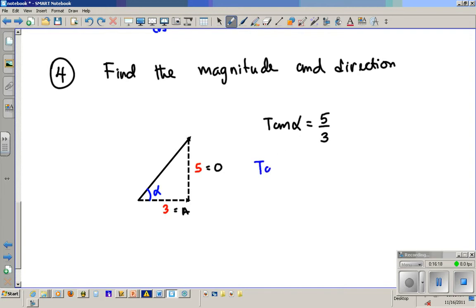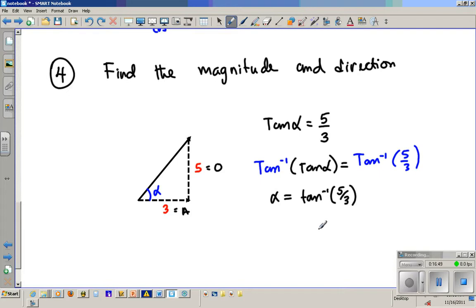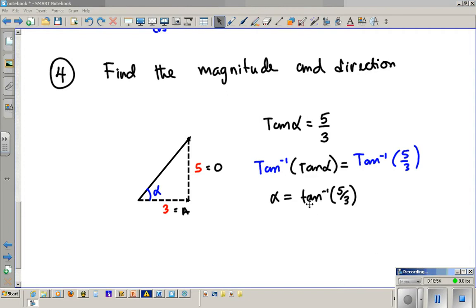So inverse tan of tan alpha equals the inverse tan of 5 over 3. Alright, so direction is always inverse tan. So your answer is going to be, alpha is simply going to be the inverse tan of 5 over 3. Alright, so that's basically what your direction is going to be.